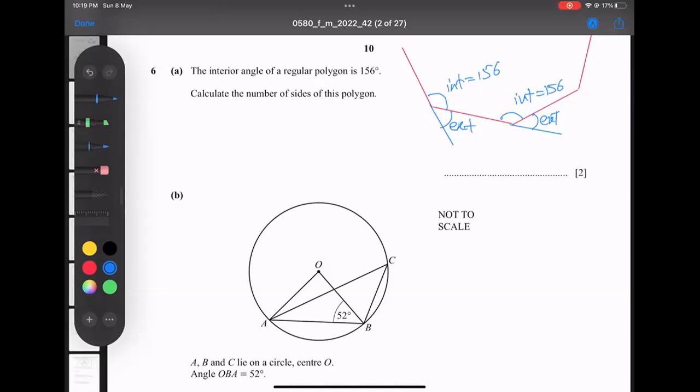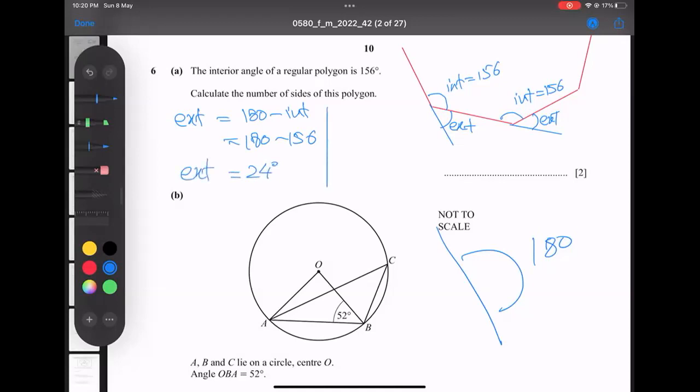How to get the exterior: a straight line is 180 degrees. So the exterior angle is 180 minus the interior angle. 180 minus 156 becomes 24 degrees.